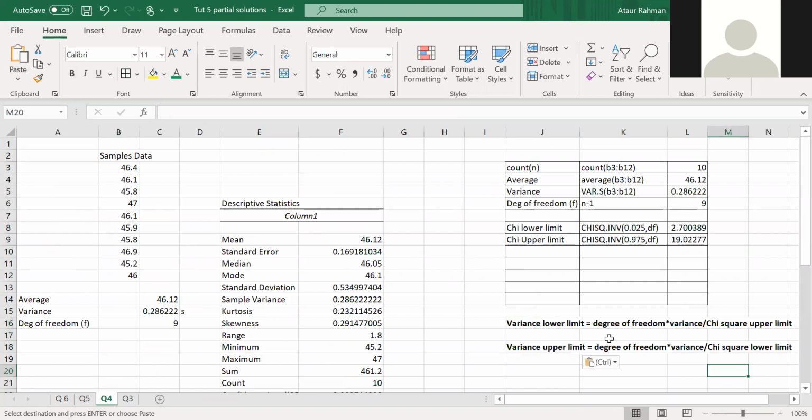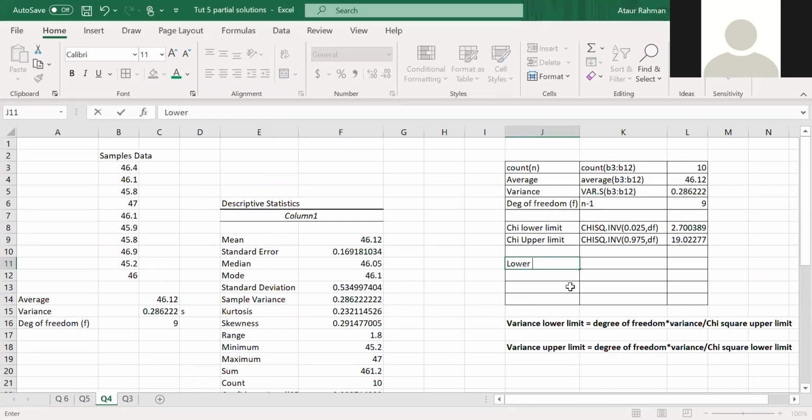The variance lower limit we have to find in this way: the degree of freedom times variance divided by chi-square upper limit. So the variance lower limit, the lower confidence interval of variance.